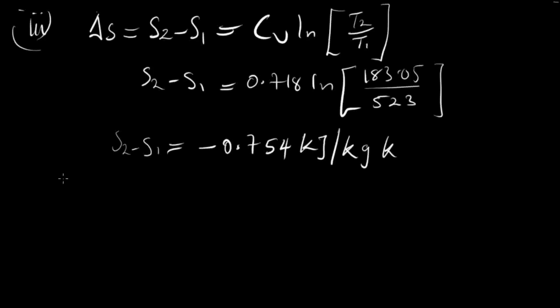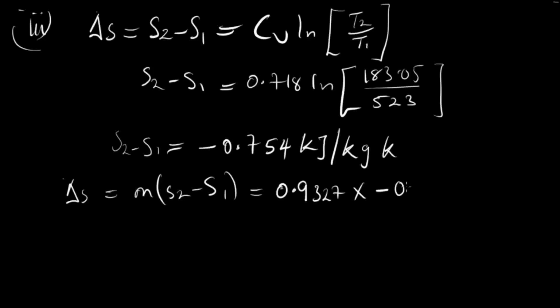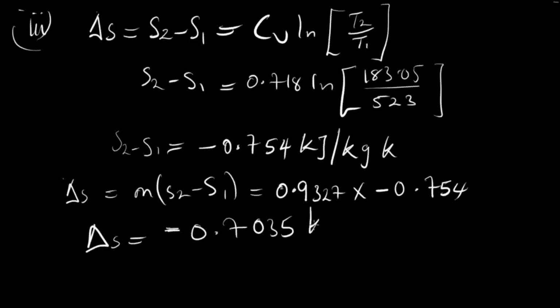So for a mass, the change in S is equal to m times (S2 minus S1), which will be the mass we got, 0.9327, times minus 0.754. So the change in entropy will be minus 0.7035 kilojoule per Kelvin.